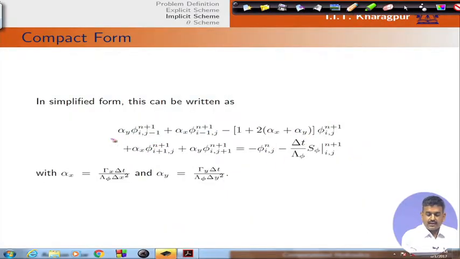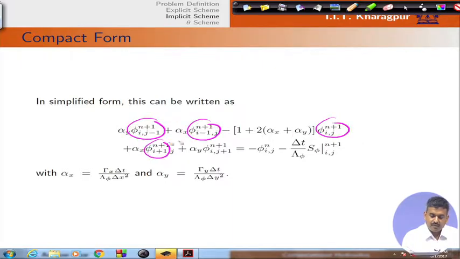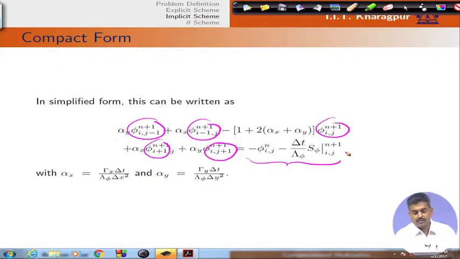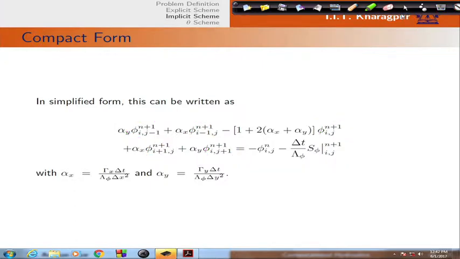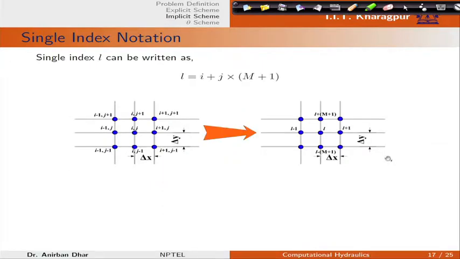In compact form, again we can write it like this with alpha x and alpha y. In this case, these are unknown values 1, 2, 3, 4 and 5 unknown values, and right hand side we have known values available. With this information, we can construct the matrix form using a single index notation.